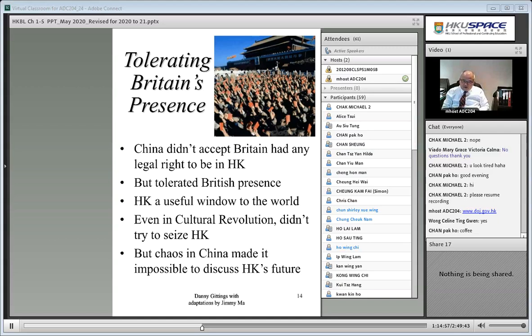And there was at one stage during the Cultural Revolution a lot of fear that those in power on the mainland might take advantage of that opportunity to seize Hong Kong. But the Cultural Revolution had resulted in chaos in China, and therefore it was impossible to discuss Hong Kong's future then.